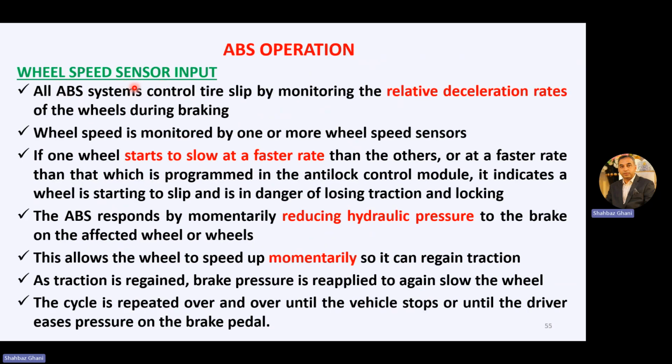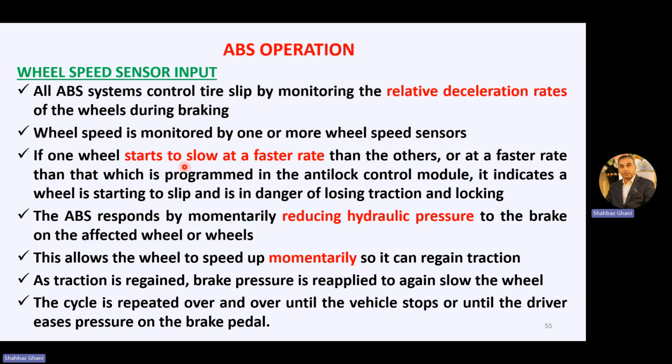Wheel speed sensor. All ABS systems control tire slip by monitoring the relative deceleration rates of the wheels during braking. So wheel speed is monitored by one or more wheel speed sensors, and all the wheels are equipped with them.